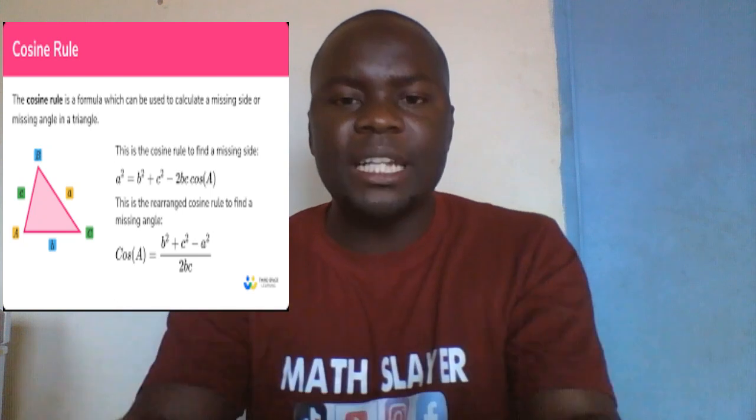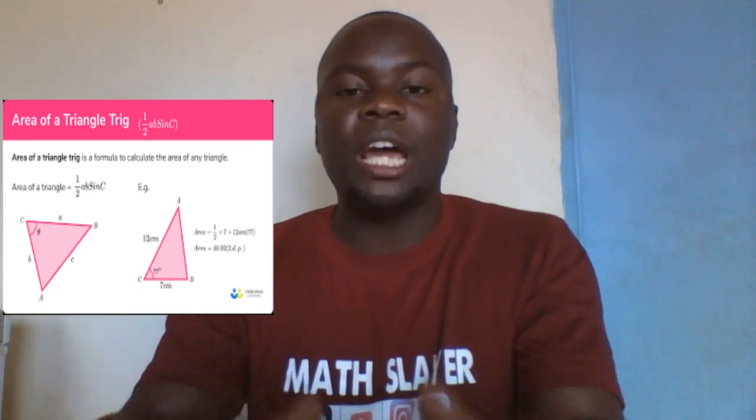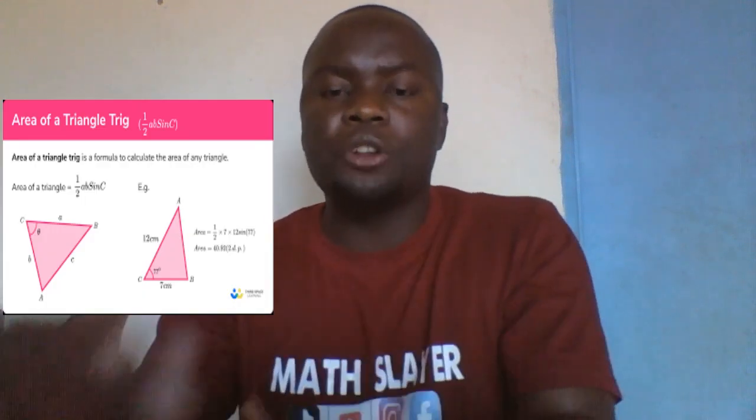When you appreciate the identification of these two rules, you also need to know how to find the area of a non-right-angled triangle. After knowing how to find the area of a non-right-angled triangle, you also need to know how to calculate the shortest distance within a non-right-angled triangle.